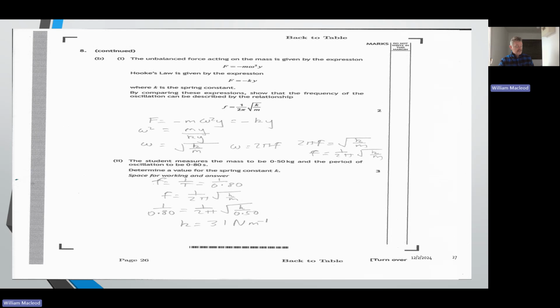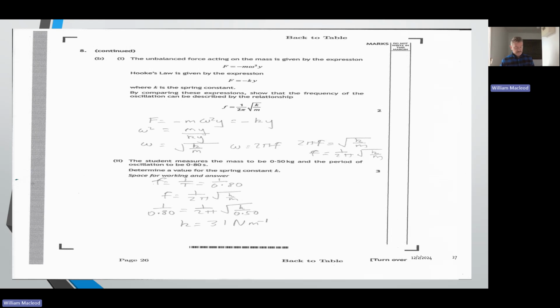Okay, the next question, it says there, the student measures the mass to be 0.5 kilograms and the period of oscillation to be 0.8 seconds. Determine a value for the spring constant. So you can use the equation that was given in part B, part 1 there, and determine the value of the spring constant. So you just put in your numbers.